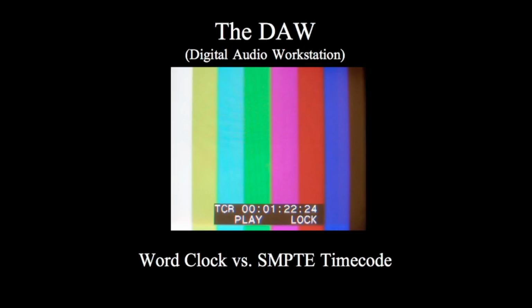Now, this is really important because if you ever start trying to synchronize an already recorded video with already recorded audio, say that you record a video with one device that's using SMPTE, and then you're recording audio with another device that's using word clock. And you record them at the same exact time, and then you get home and you put them together. What you're going to often find is what we call drift.